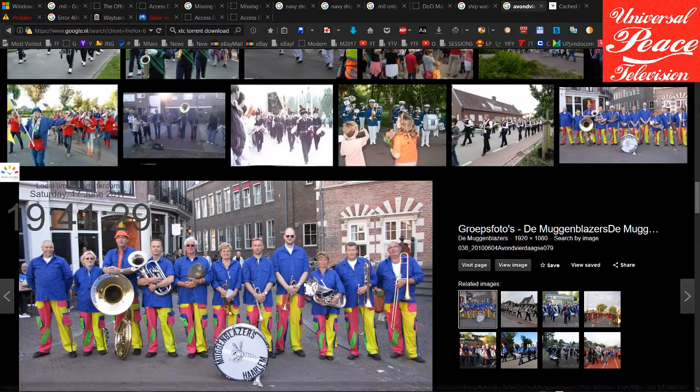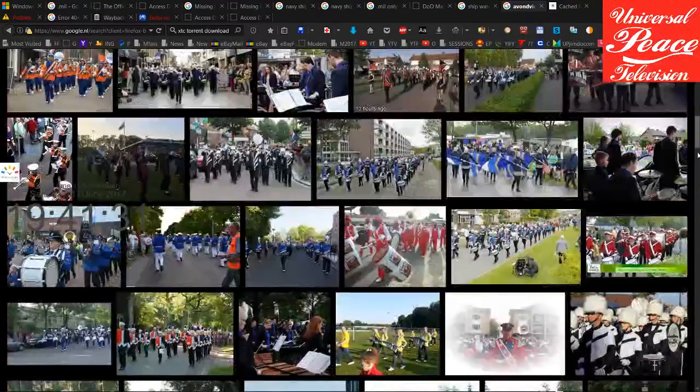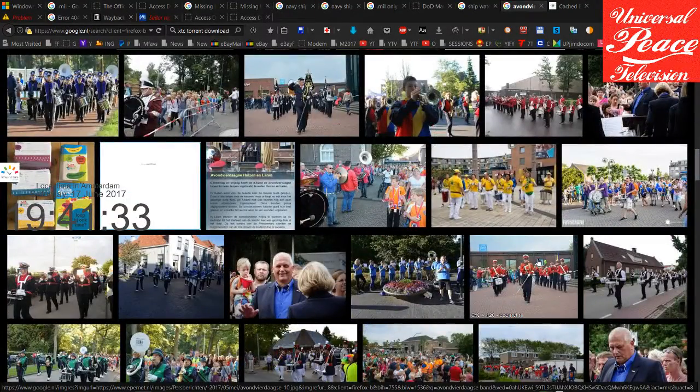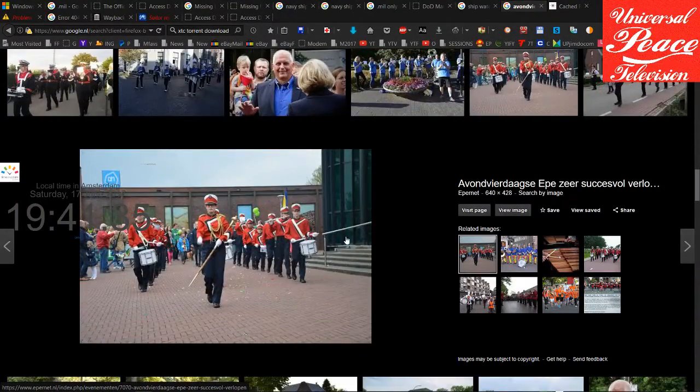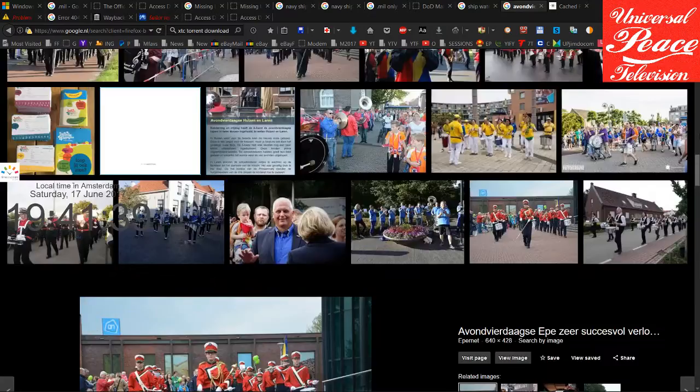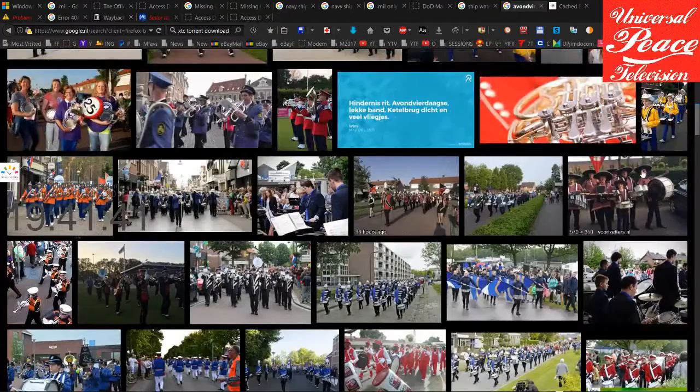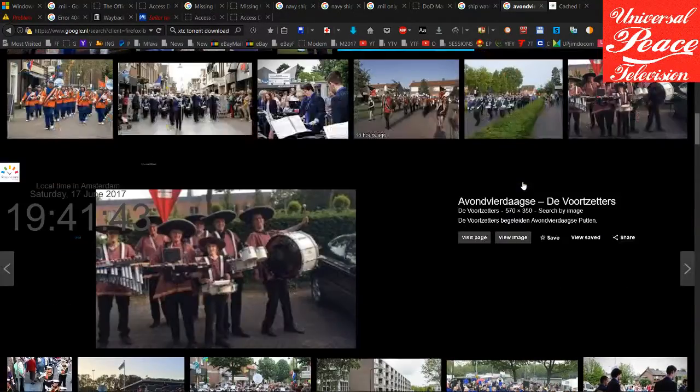De avondvierdaagse. I was wondering what one of those bands is called, basically. It's not a big band, but I bet there's a special name for it. In every picture I clicked, there was no name for these types of bands.